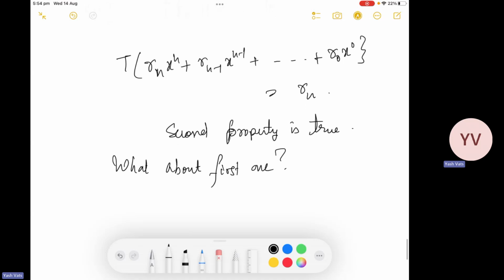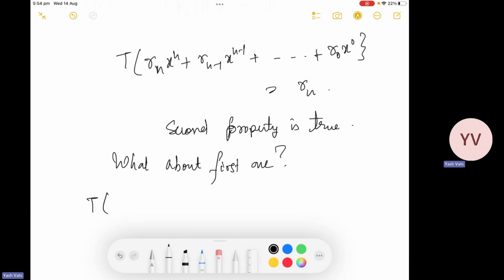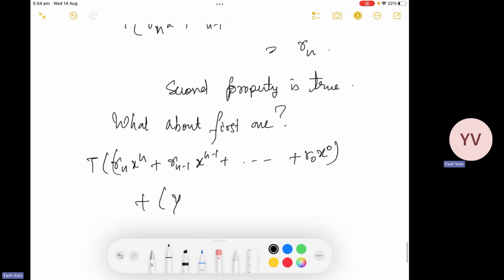Okay, let's check. You take any polynomial like this one, rn xn plus rn minus 1 xn minus 1, and gamma n xn plus gamma n minus 1 xn minus 1.